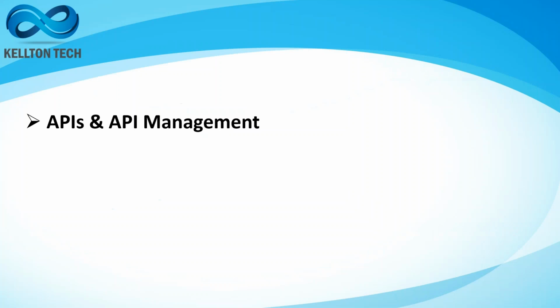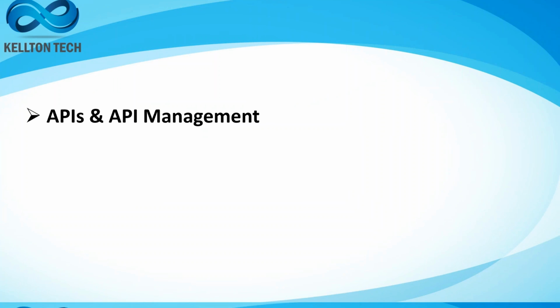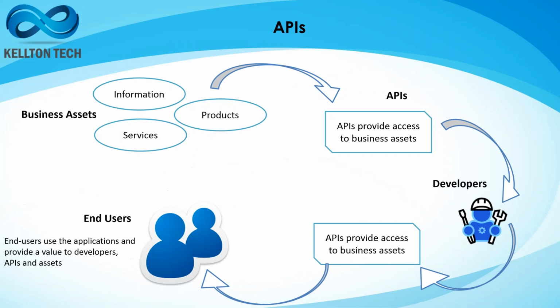So, APIs and API management. At a very basic level, APIs are the way that applications interact or communicate with each other. An API has an interface, with operations and input and output specifiers. The main purpose of APIs is to allow parties outside of your company to extend the reach of your existing applications.